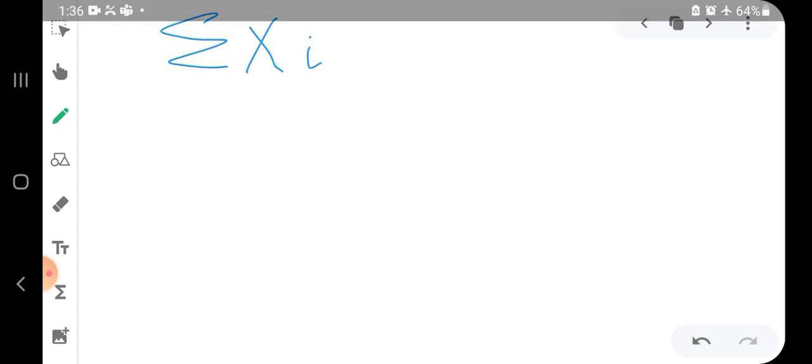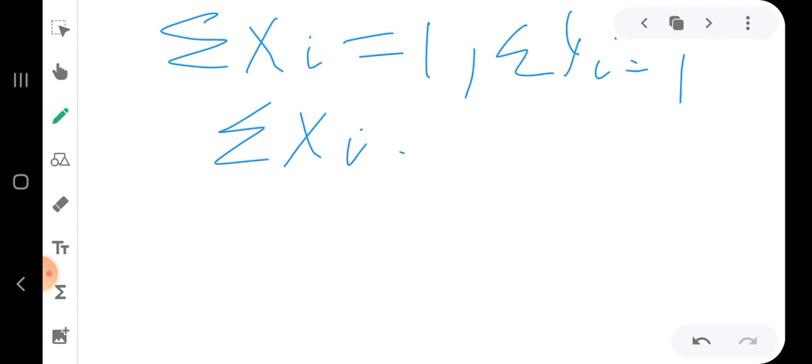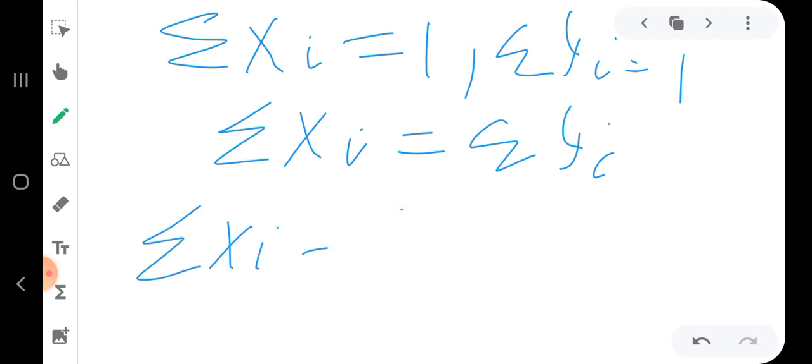From definition we know that the summation of mole fractions in the liquid phase is equal to 1, and the summation of the mole fractions in the vapor phase is equal to 1. In other words, the summation of xi is equal to the summation of yi, or the summation of xi minus the summation of yi will be equal to 0.